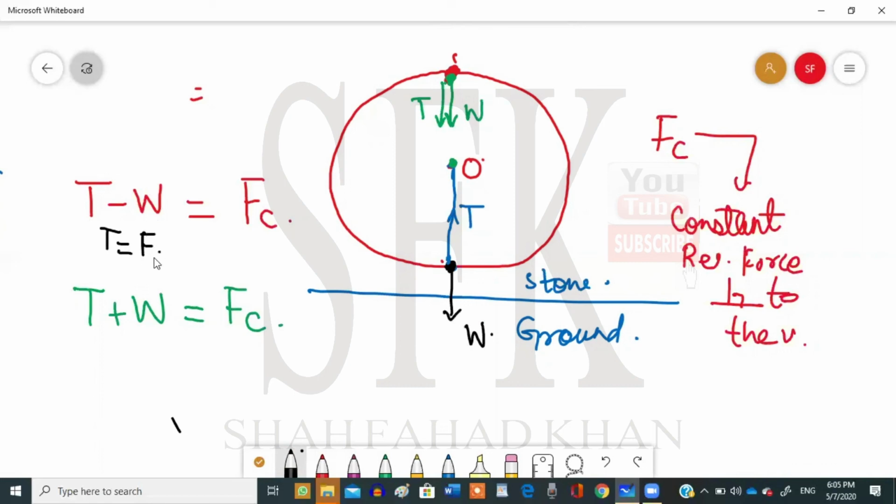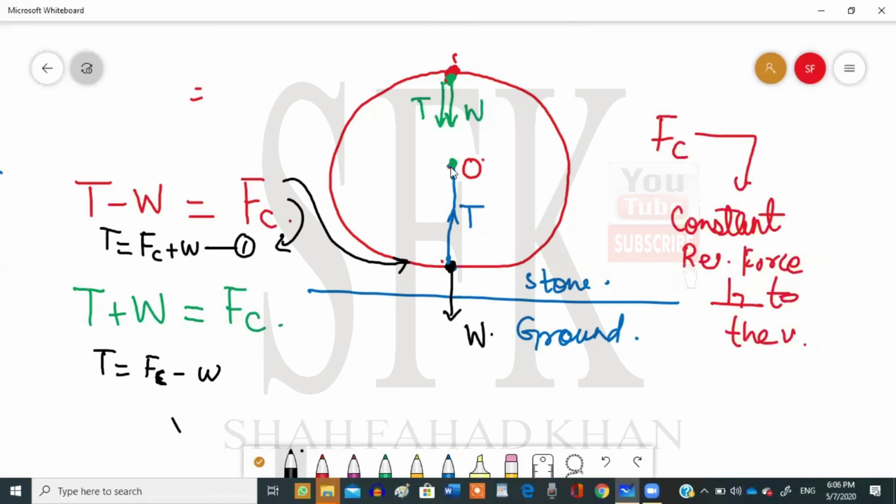So T is equal to Fc plus W in this first equation, and T in this case is equal to Fc minus W. So the value of T in the first equation, the equation for the lowest point, is greater because they are being added up.